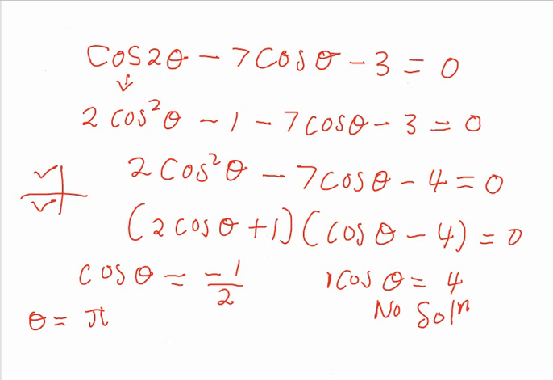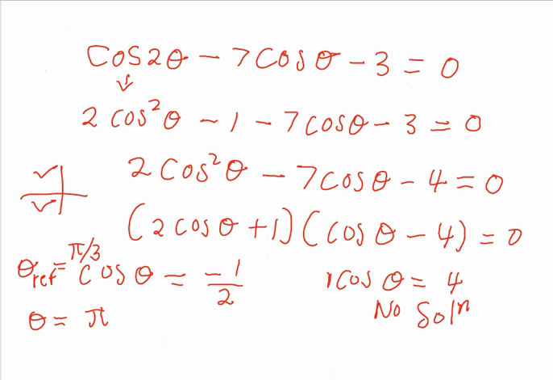We need to find the reference angle together. If you solve this using the special angle triangles, you'll find that the reference angle here is pi over 3. Then you have two solutions.